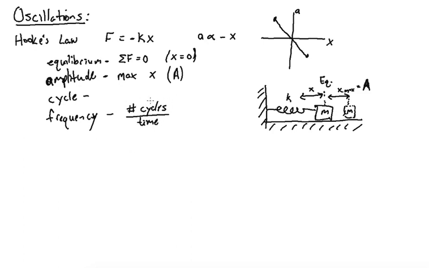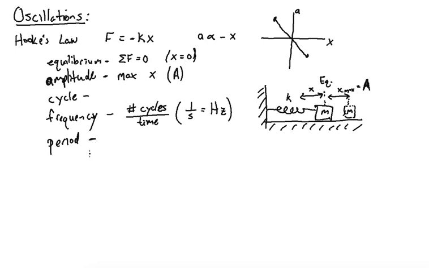Cycles doesn't really have a unit, so this essentially has a unit of 1 over a time, and in SI units that's 1 over a second, which we define as a new unit called hertz, which is just Hz. Hertz is 1 over a second, so it's cycles per time.